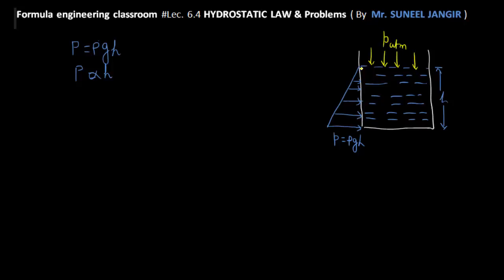Then why are we writing that for this layer the intensity is zero? It's an obvious question. For this case, p equals rho g h is actually defining the gauge values, as we discussed in our pressure lecture.